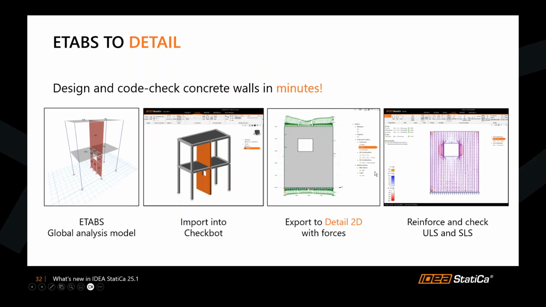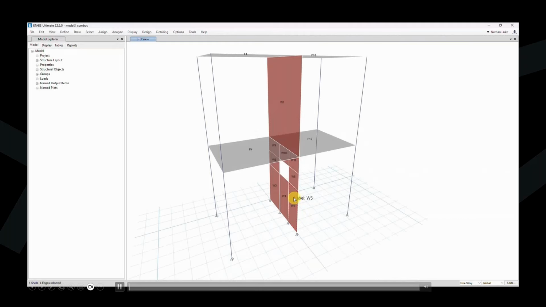So this is basically the workflow. You create a model in ETABS, you run the analysis, you import to IDEA StatiCa Checkbot. Then you export to Detail 2D and you can see that all the forces are transferred automatically. You put in your rebar and then you just run the analysis.